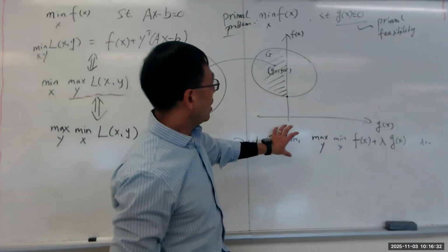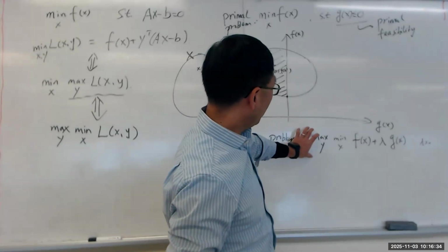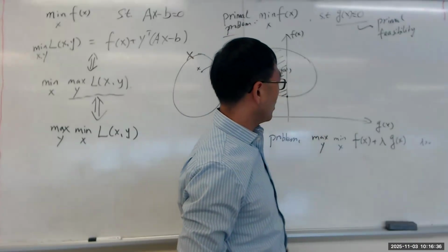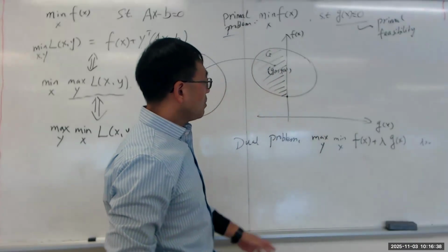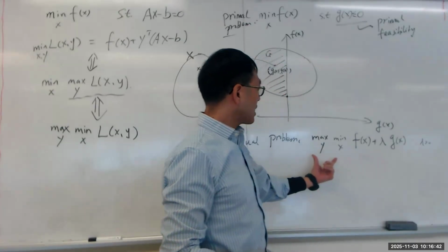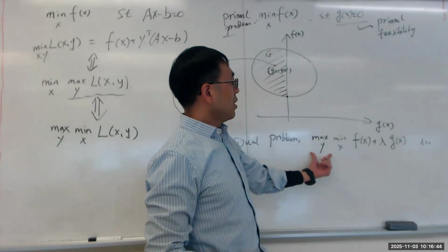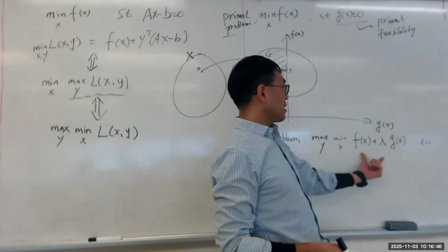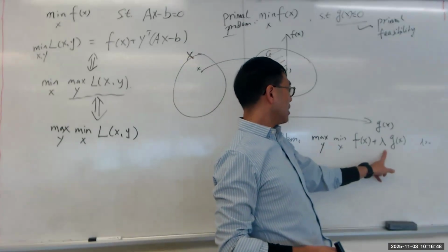In the dual problem, we want to minimize with respect to x first, and then maximize with respect to y.